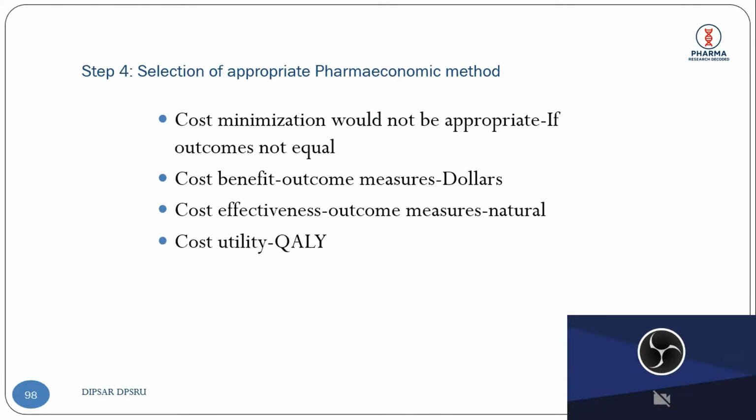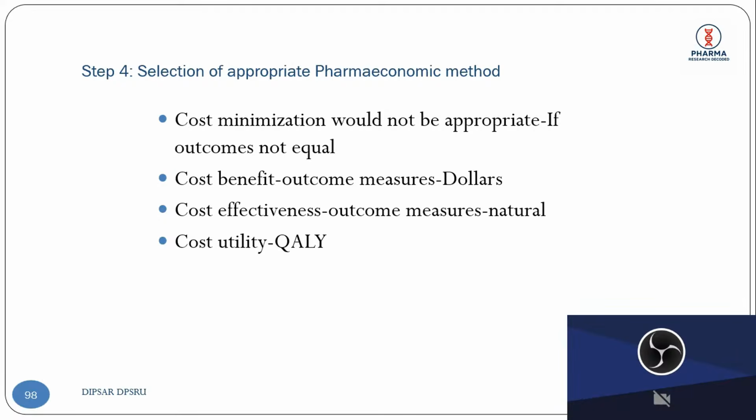Step 4, selection of the appropriate pharmacoeconomic method. We have already discussed when you will go with cost minimization, when you can go with cost benefit, when you can go with cost utility. Cost minimization would not be appropriate if outcomes are not equal, right?